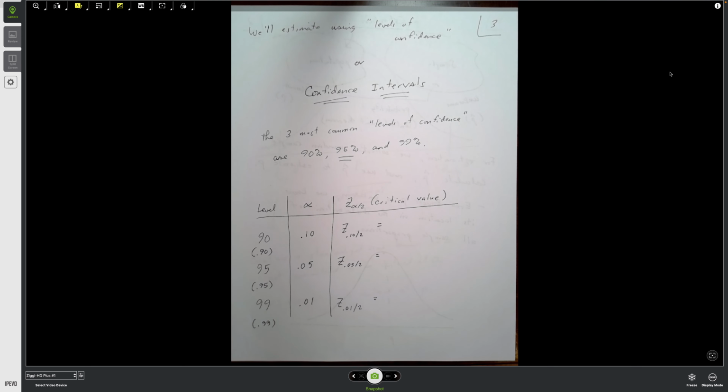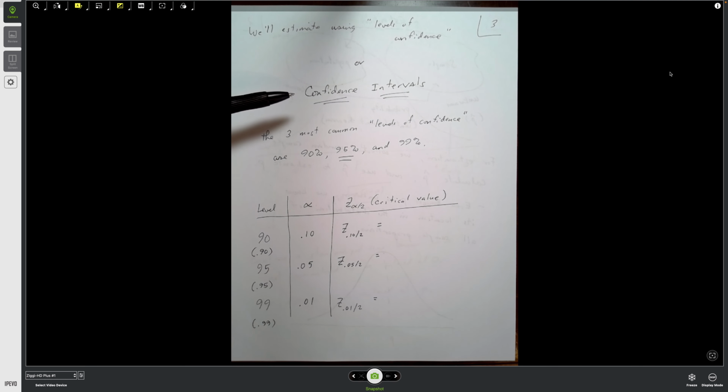Now, transitioning into confidence intervals, we're going to find out that we will always use what we call a level of confidence. And again, confidence intervals are just a technique that we use to estimate an unknown population value.